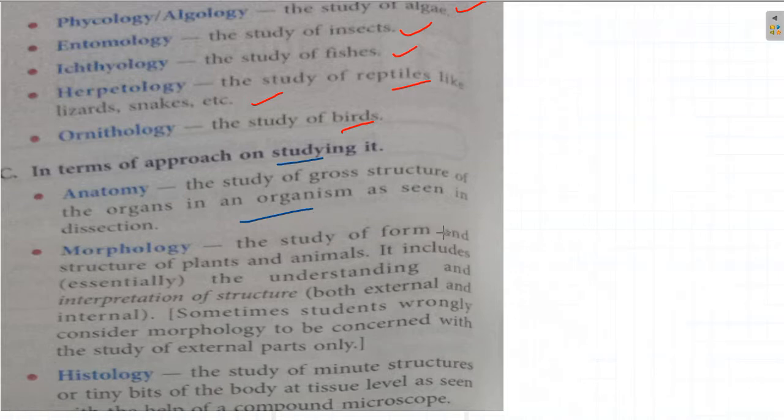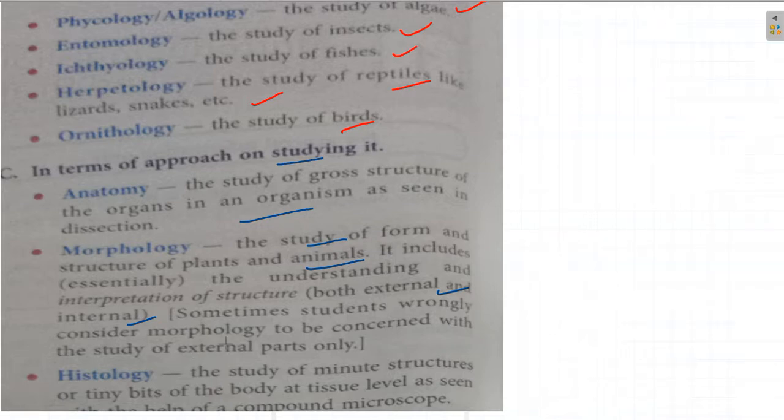Morphology, study of form and structure of plants and animals is called morphology, right? So it is both study of external and internal structures of the animals and plants, right?